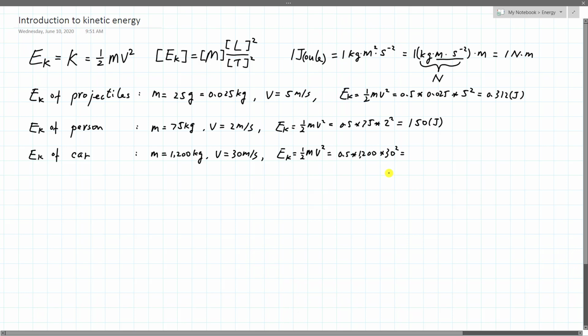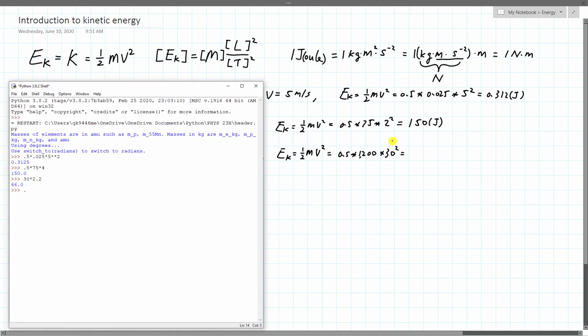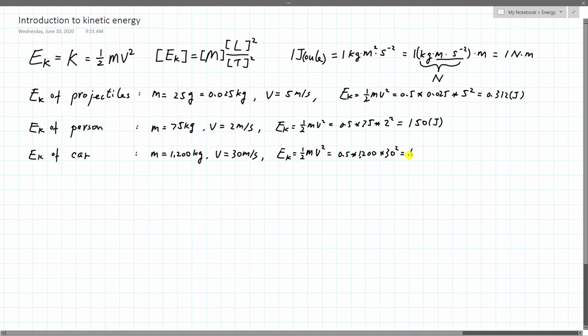Squaring that will give us quite a large number, 900, right? 30 squared is 900. So 1,200 times 900, this is in the hundreds of thousands, 540,000 joules. If I keep 3 digits, 5.40 times 10 to the fifth, so 540,000 joules.